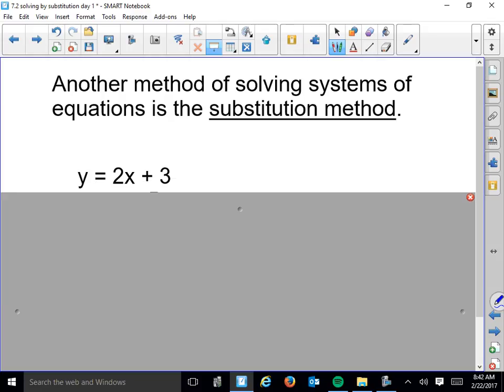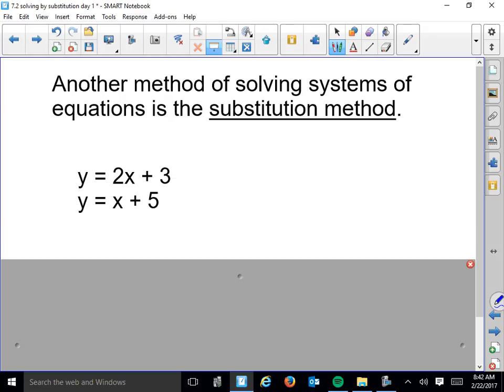The substitution method can be used when you have more than one equation with the same variables. And the equations that we're going to be working with are linear equations, which just means that both the x and the y variables have an exponent of 1. This is just an example of a system, y equals 2x plus 3 and y equals x plus 5.